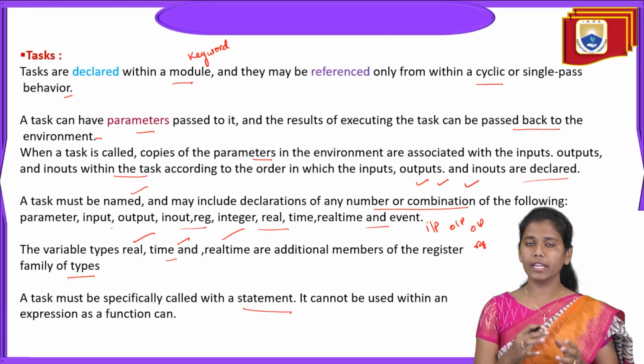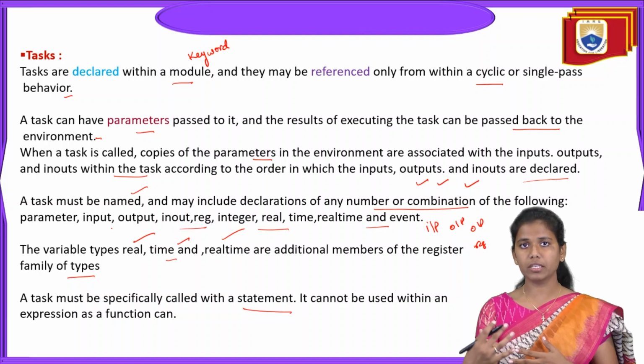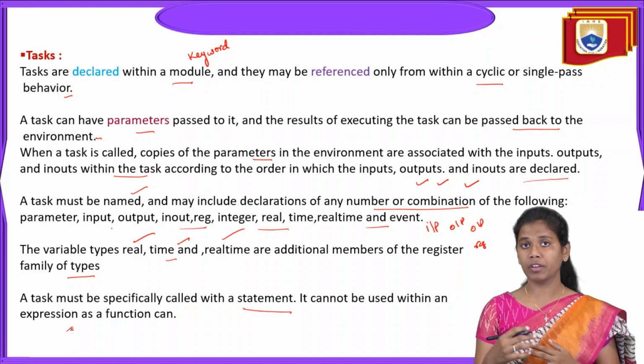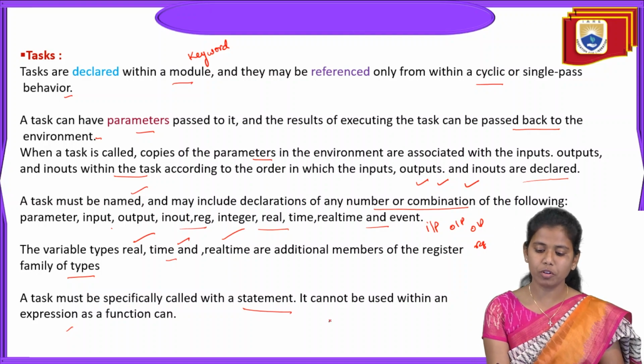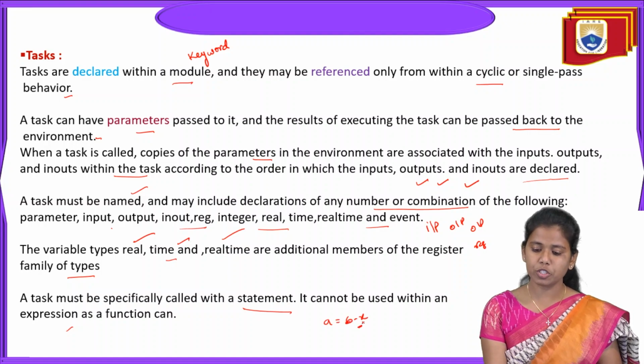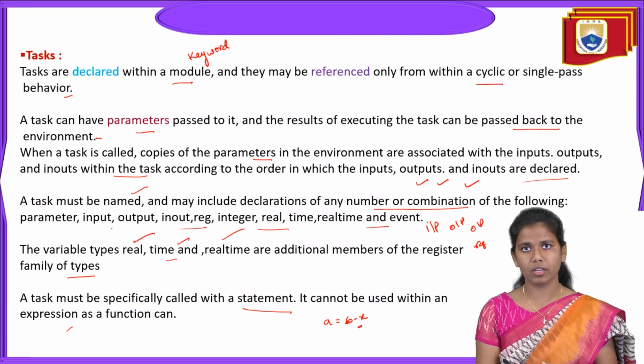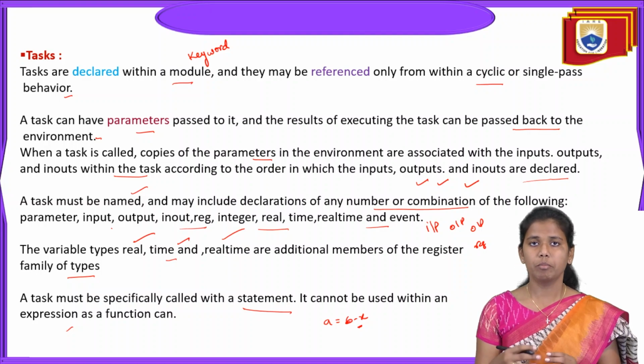So we can call it as a statement, but we cannot name it within an expression. That means, for example, a = b . x, right? Within the expression, we cannot introduce a task.